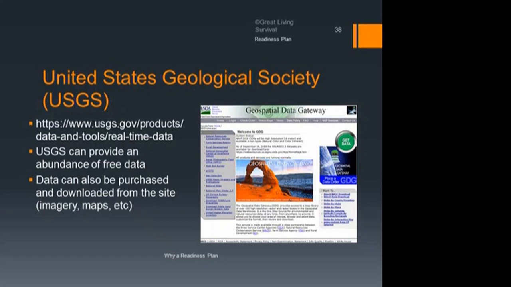Elevation plays a key role when you're talking about potential for flooding. It also plays a role in weather. A lot of times in the winter, you'll see weather programs tell you that there'll be snow above 2,000 feet because the air is so much colder. That's where you're going to get a lot more snow than you would at a lower elevation.